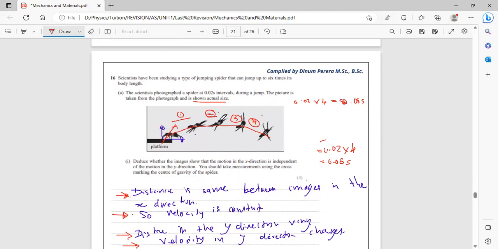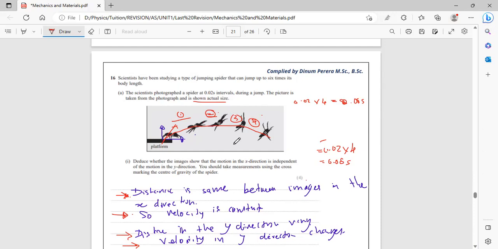Image 3 seems to be the maximum height. Right? Because the image before that image is below it, and also the image after that image is below it. So that seems to be the maximum height.